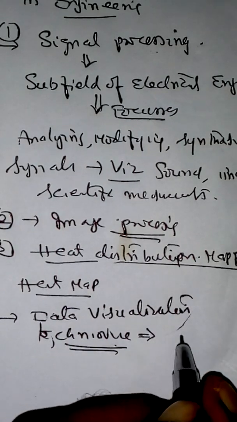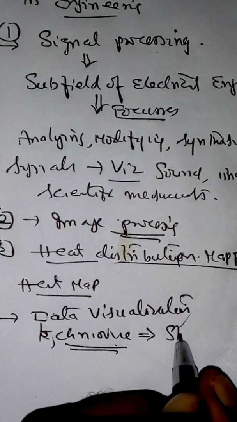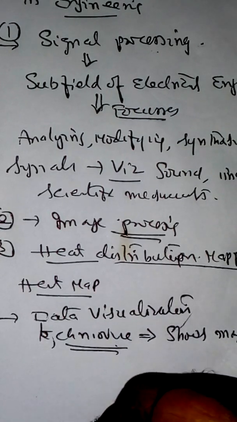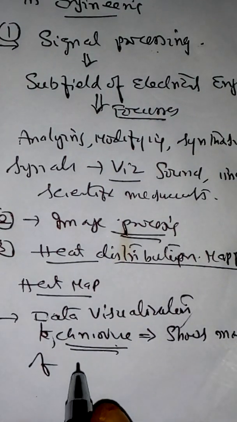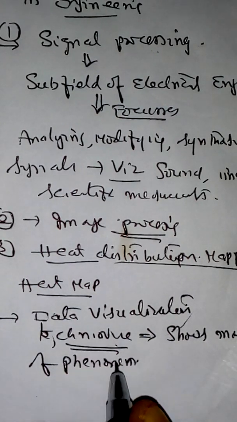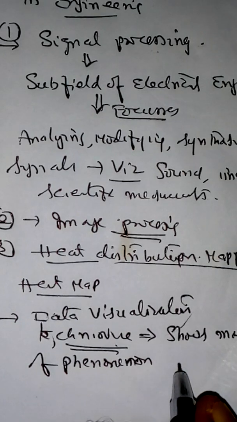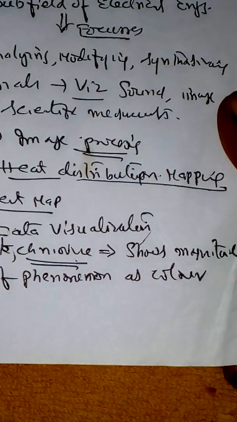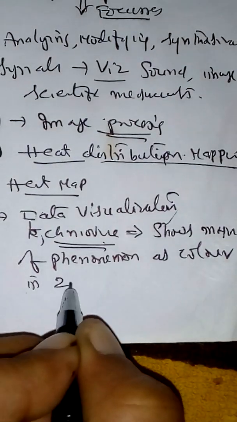It means it shows the magnitude of a phenomenon as color in 2 dimensions.